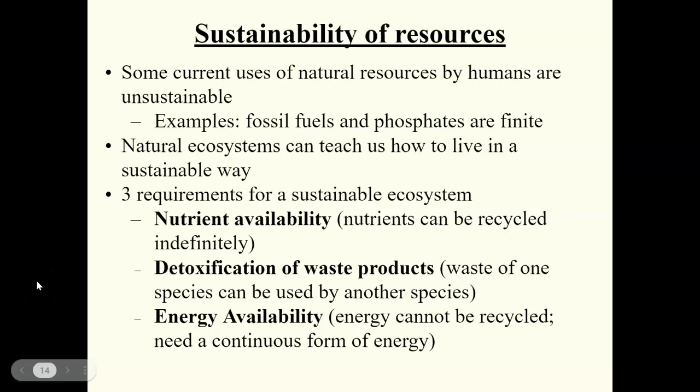Sustainability of resources is something that's important to think about, because there are many natural resources that are being used by humans in an unsustainable way. These are things that, if we keep using them at the same rate that we are currently using them at, this happens to be a faster rate than it's able to be replaced by natural processes, which means we are likely to run out at some point, because these things are finite, right?